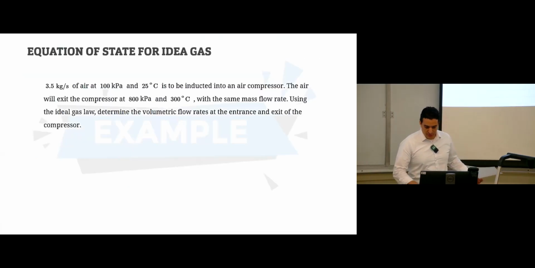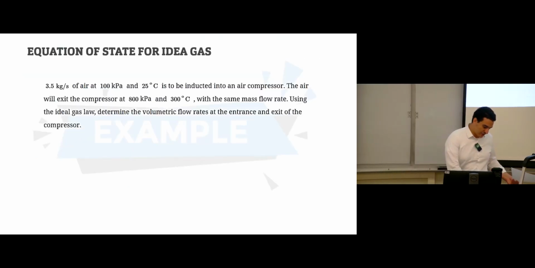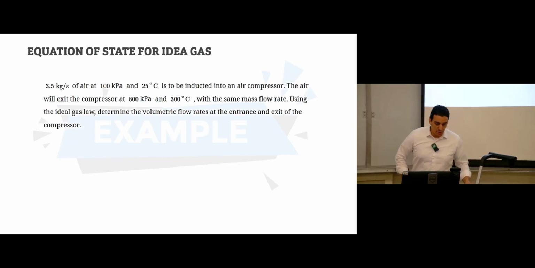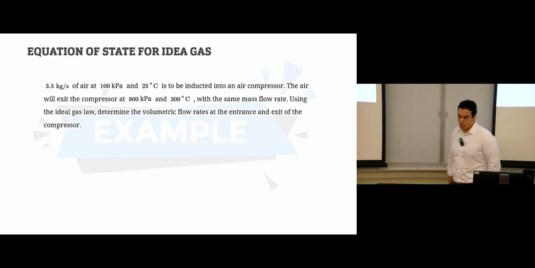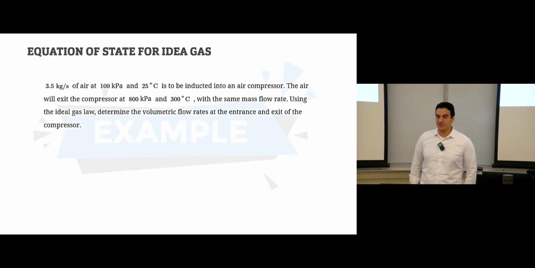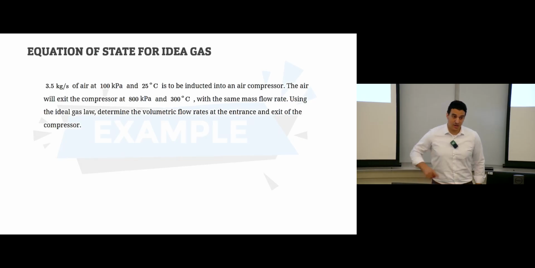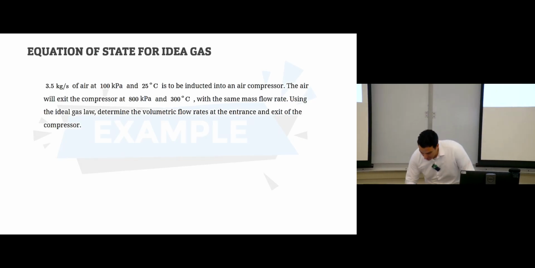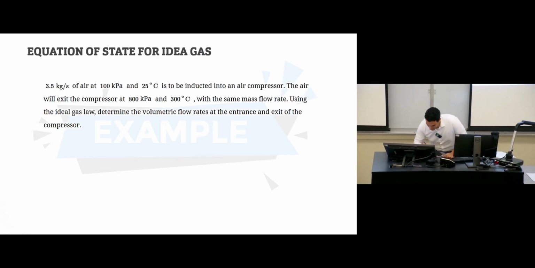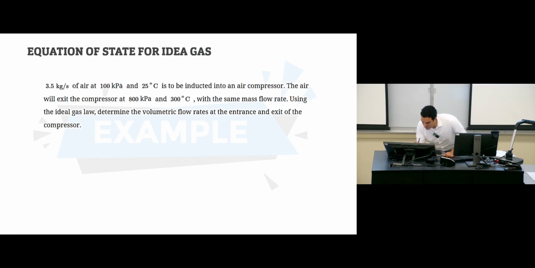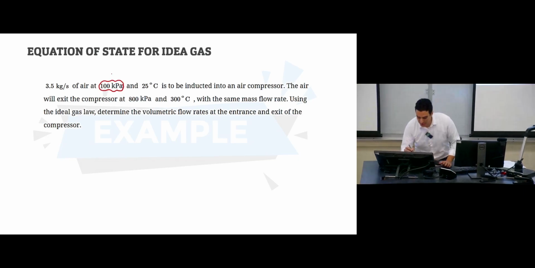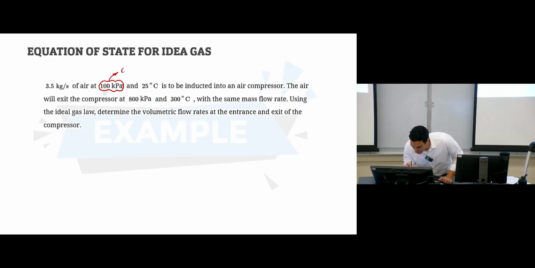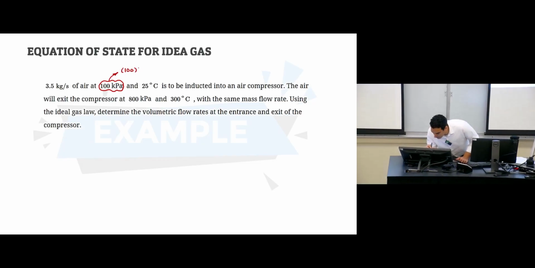Okay, let's take one more example. Last thing we have today. One more example says we have 3.5 kilogram per second of air at 100 kilopascal. Again, 100 kilopascal, this is not SI system. So how can we convert it to Pascal, to SI? This one will be 100 times 10 to the power 3 Pascal.